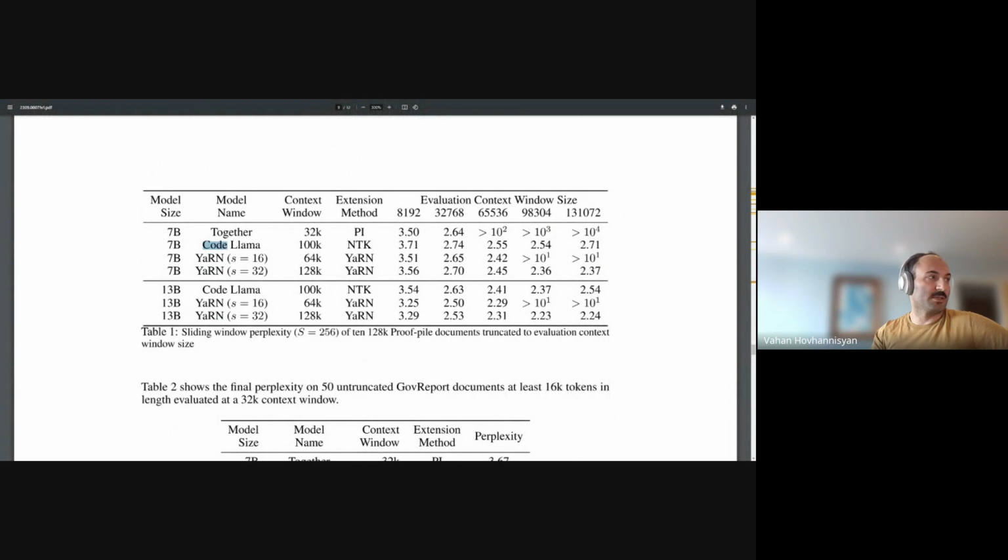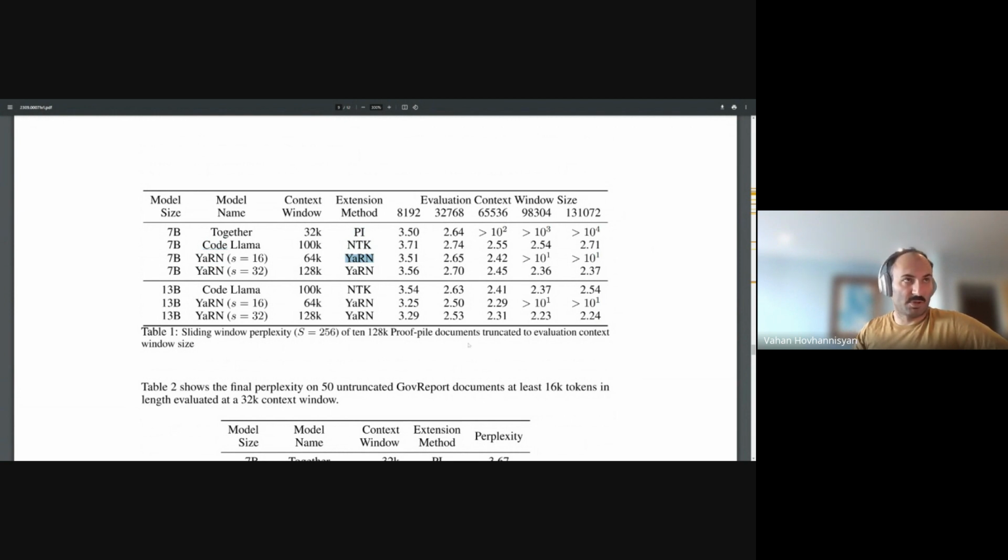And YaRN is the model proposed here. As for the extension method, Together uses positional interpolation, which is only interpolation. Code Llama uses NTK-aware extrapolation, and YaRN is the dynamic thing we mentioned here.